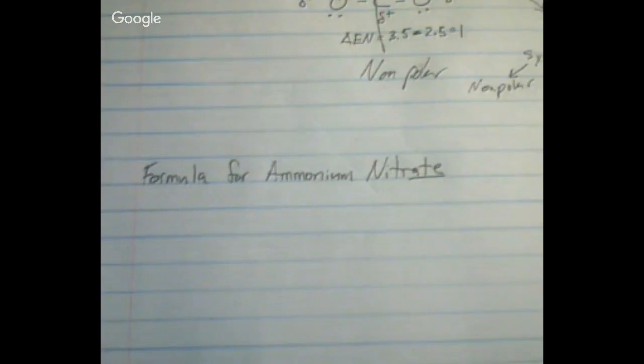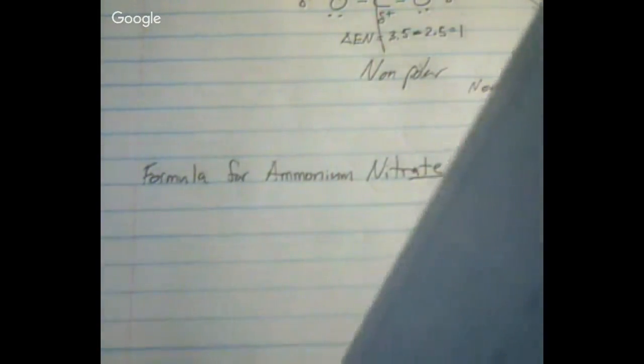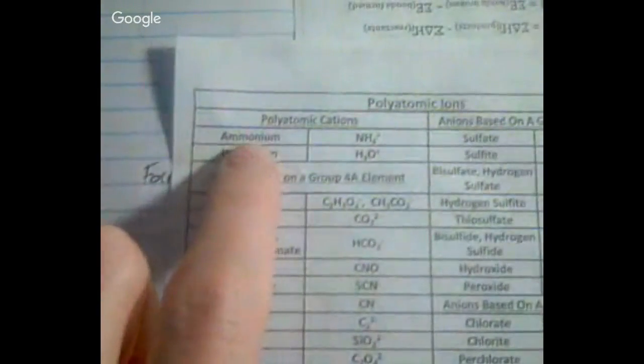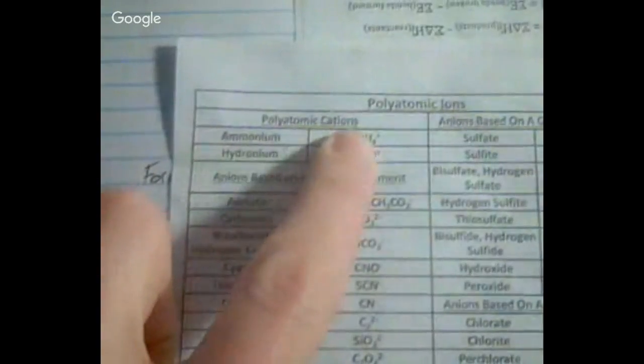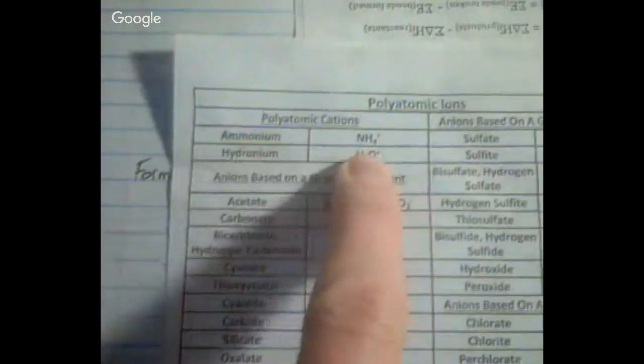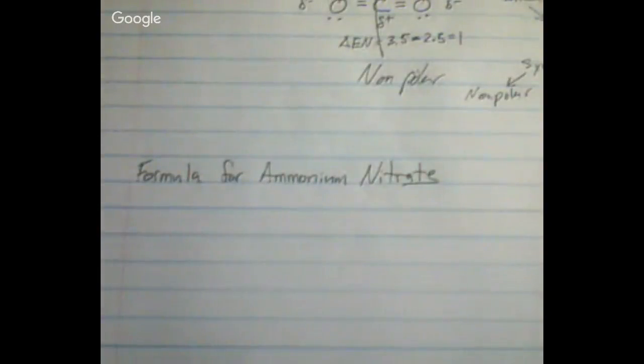There's another one called hydronium, which might be on some homework questions, but it won't be on your final or a test because you don't see it very much. So if you look on your periodic table, top left, polyatomic cations, ammonium and hydronium are the only ones. Ammonium is NH4+. You might not be able to see that, but you have your own periodic table, so you can figure that out.